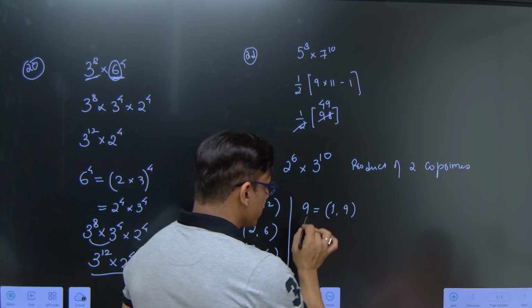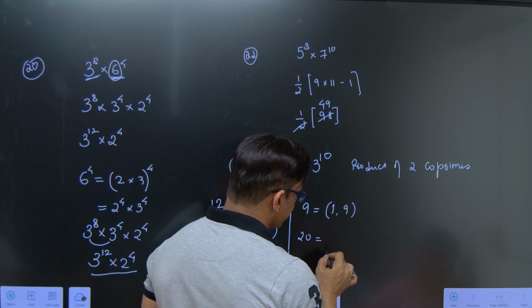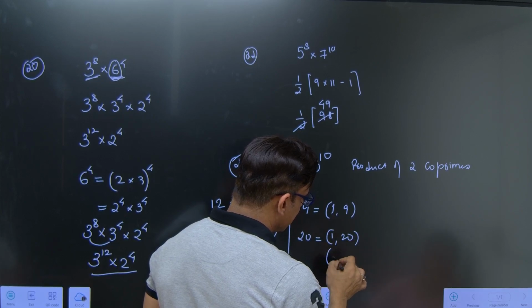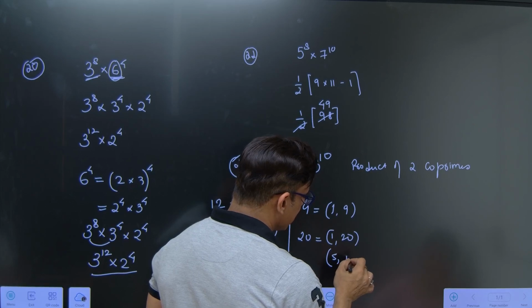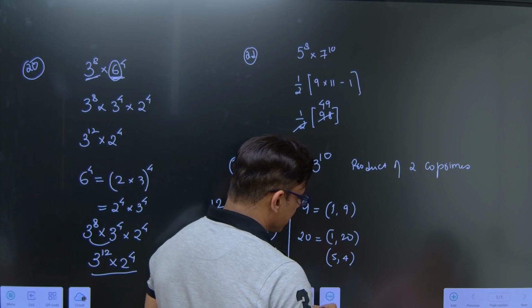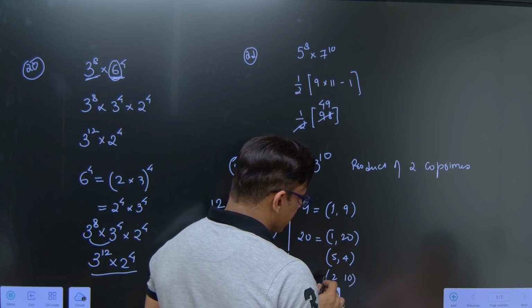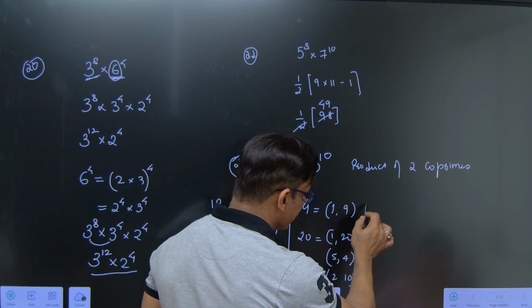Yes, because this is a perfect square. Let's take 20. So 20 is what? 1 and 20, and then 5 and 4, right? Can we write 2 and 10? No, because they're not coprime. These two have to be coprime, right?